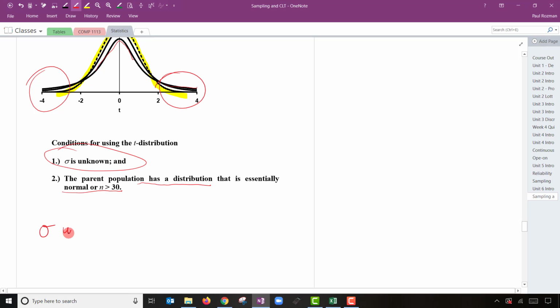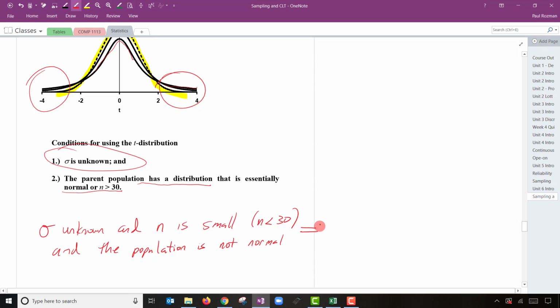If sigma is unknown and n is small, under 30, and the population is not normal, then we don't know what to do.